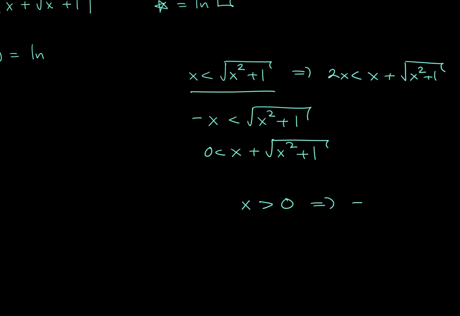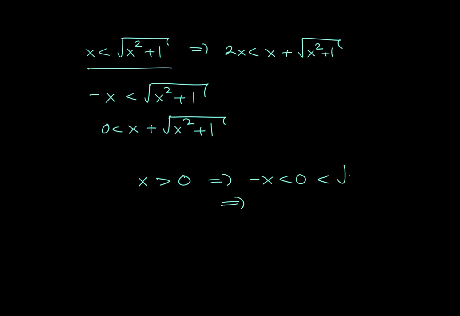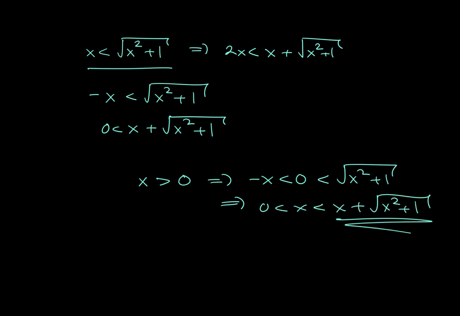Okay, so this implies that negative x is less than 0, and 0 is less than the square root of x squared plus 1. This is always a positive quantity. So what we have is, adding x to all sides here, it looks like I got 0 is less than x, which is less than x plus the square root of x squared plus 1. Okay, so this is positive in that case.